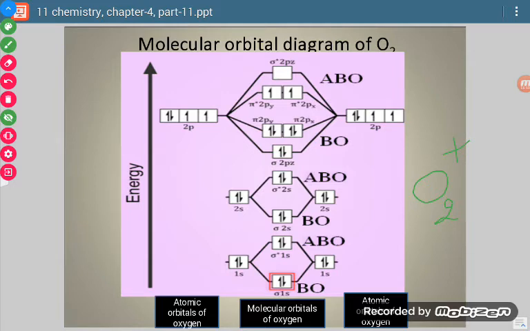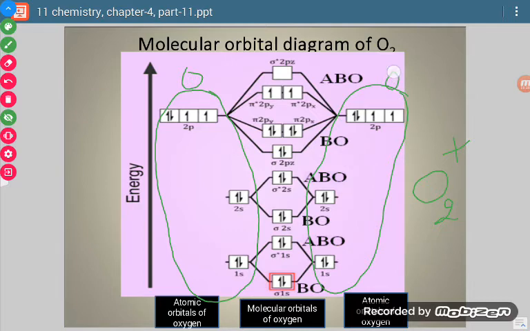You will write atomic orbitals of O at one place and for O positive at the other place, so that total becomes O2 positive. Now if you are given O2 2 positive, you will take O positive on one side, and on the other side also O positive.